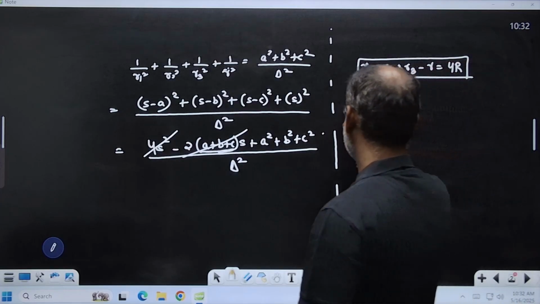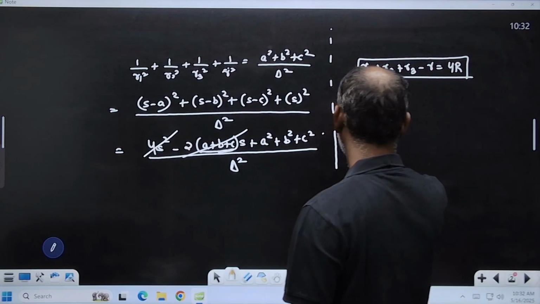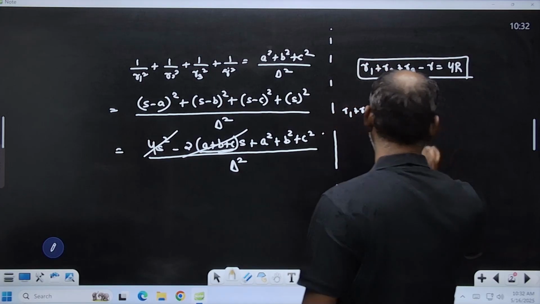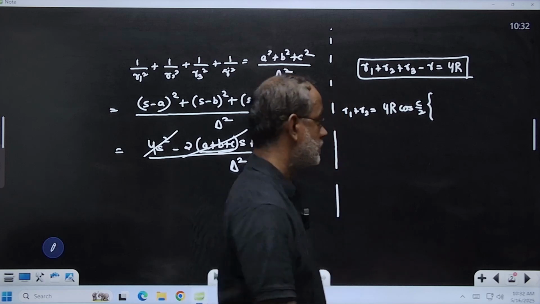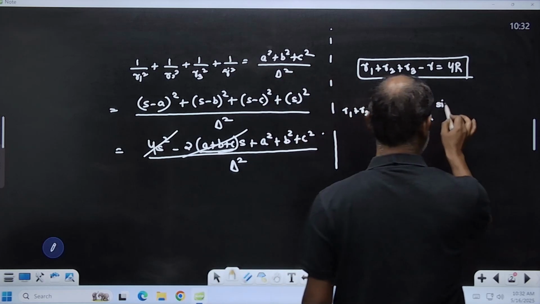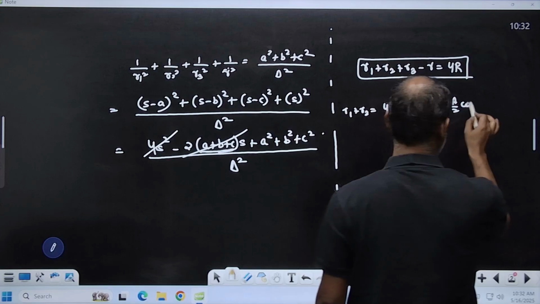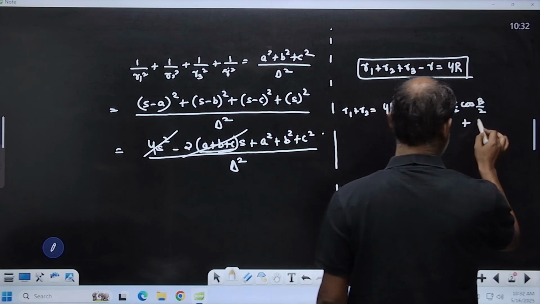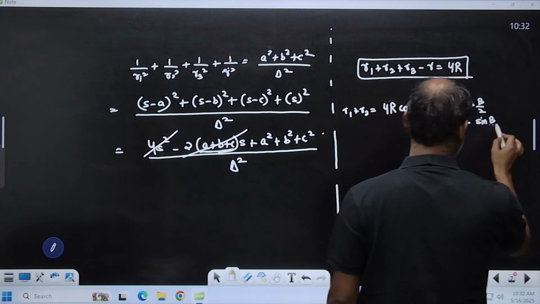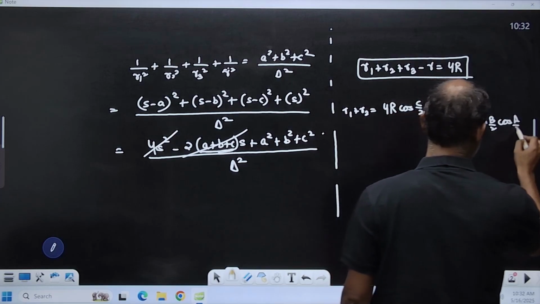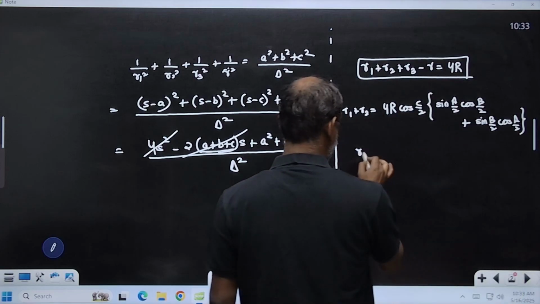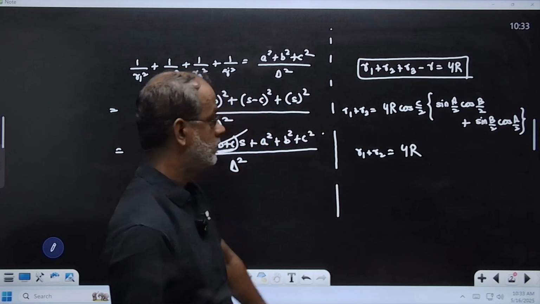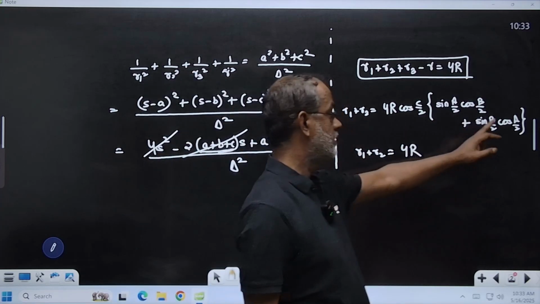So, r1 plus r2 is 4R cos C by 2 into sin A by 2 cos B by 2 plus sin B by 2 cos A by 2.